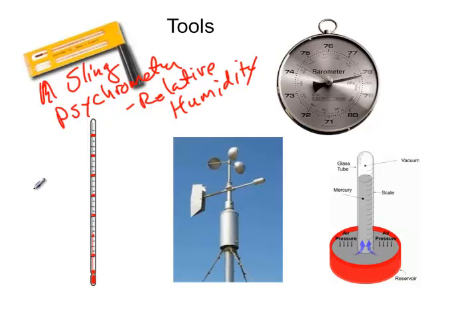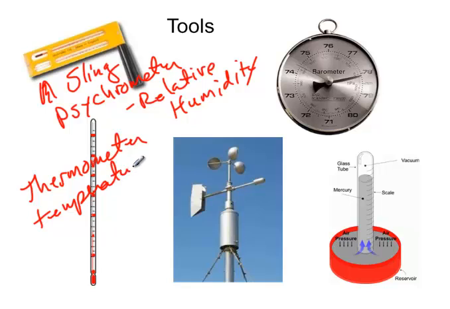We've been using them in science for a long time. This is a thermometer, and a thermometer is used to measure temperature, how hot something is. Okay, this tool right here, these cups spin around, and the faster they spin, the faster the wind is. This is known as an anemometer, and it measures wind speed.